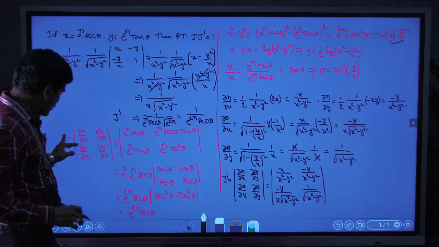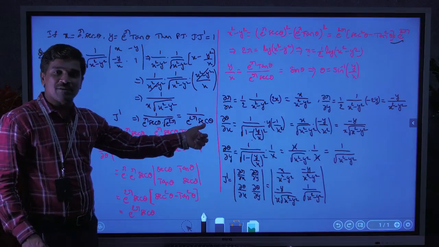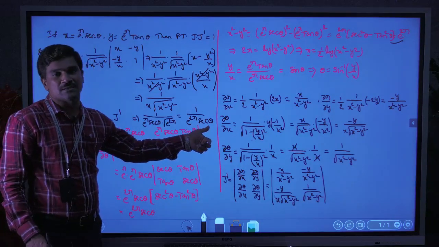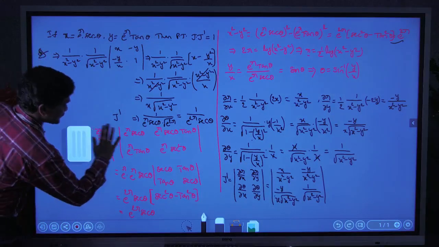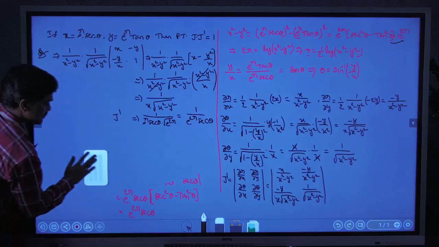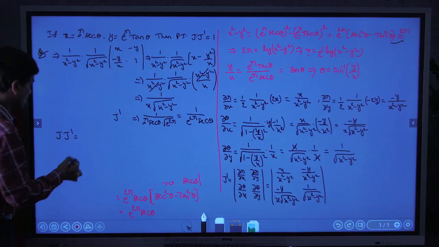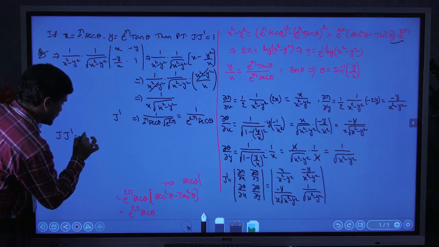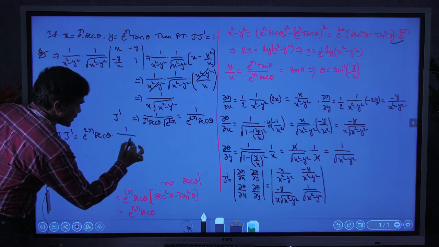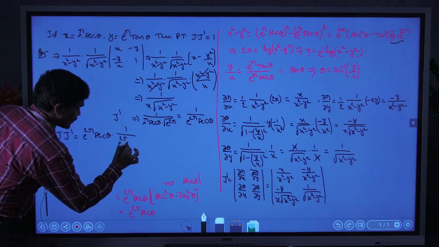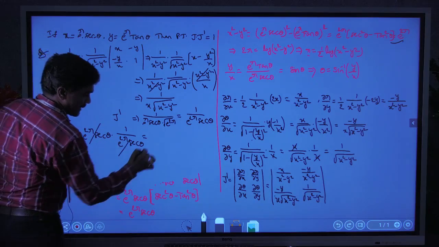Now we get j is e power 2r secant theta, and j dash is 1 by e power 2r secant theta. Now calculate j into j dash, which we have to prove. j is e power 2r secant theta into j dash is 1 by e power 2r secant theta, so e power 2r secant theta cancels.